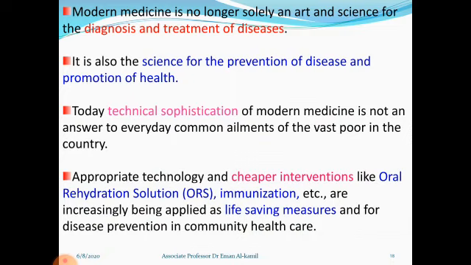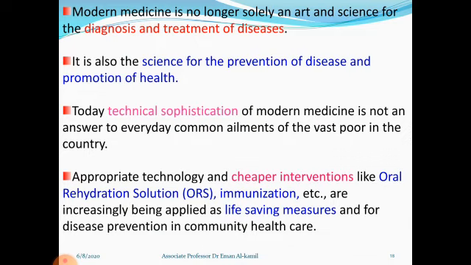There is large technical sophistication in modern medicine, using different techniques in the diagnosis of disease, but we can also elaborate the use of cheaper interventions in improving the health of people.